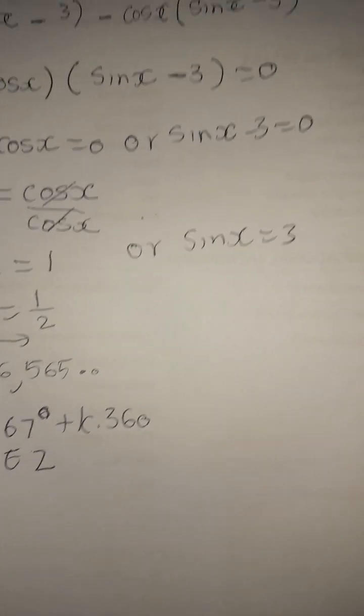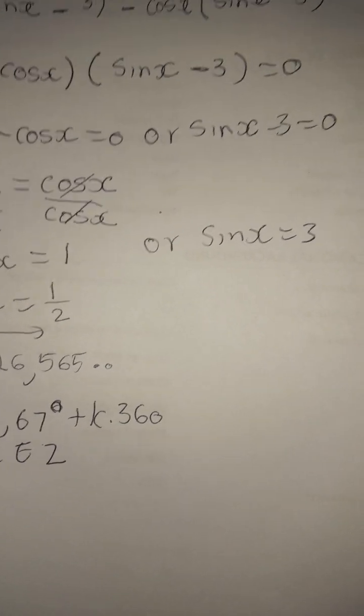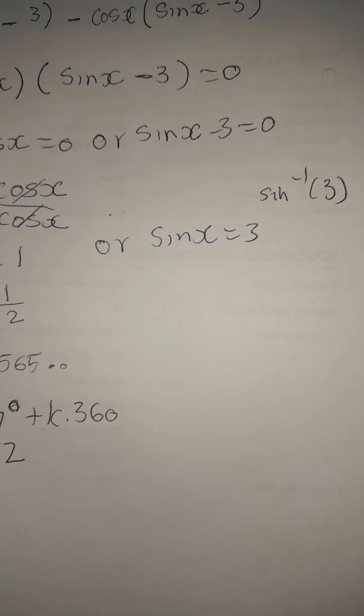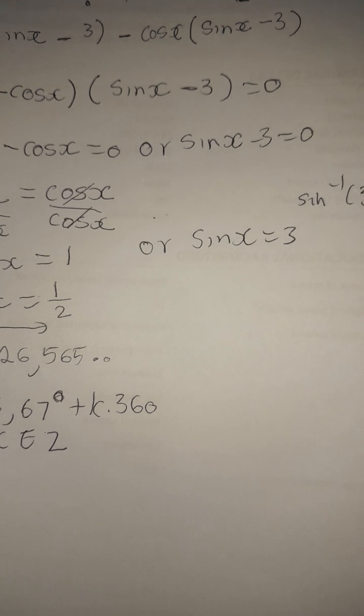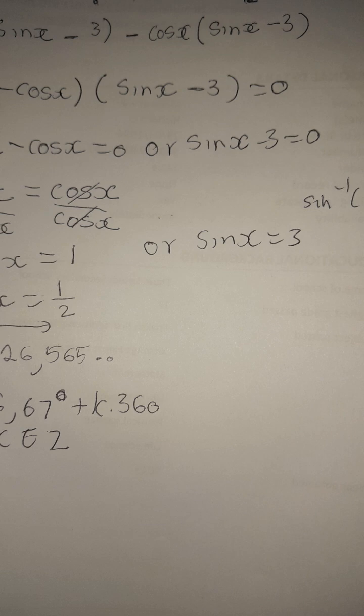So what about this part? Let's say sine inverse of 3, what's that? Let me punch my calculator. That is error. It says error. That means there's no solution in this case.